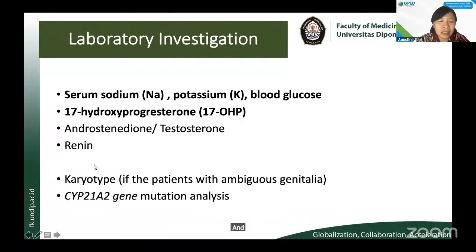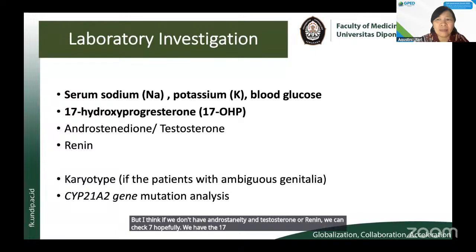And if there is genital ambiguity, we can also check the karyotype. And if possible, we can do CYP21A2 gene mutation analysis. But if we don't have androstenedione, testosterone, or renin, hopefully we have 17-OHP to establish the diagnosis.